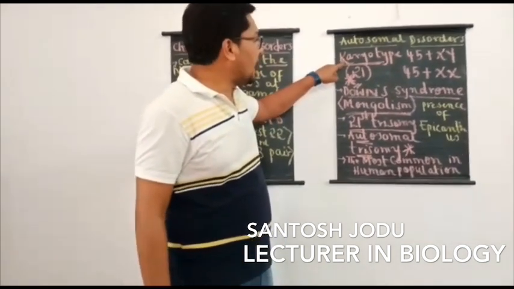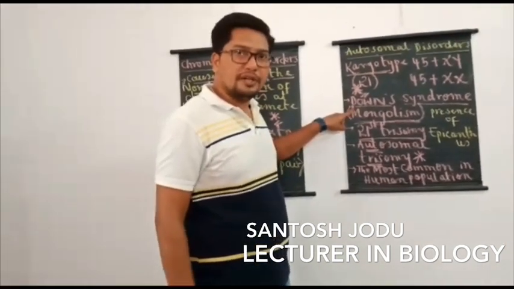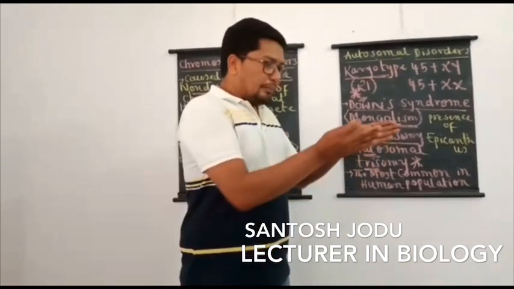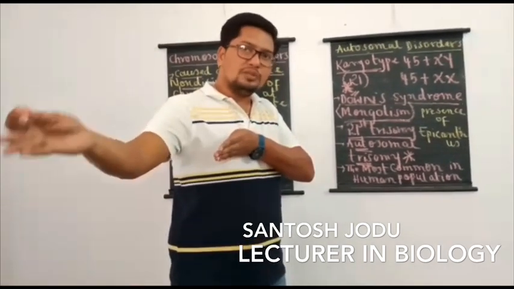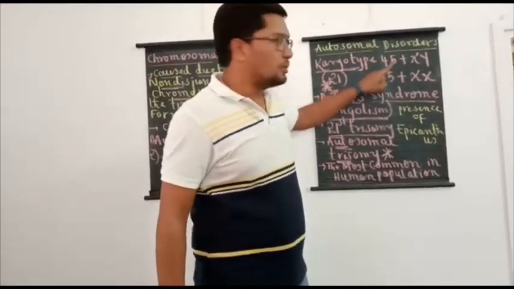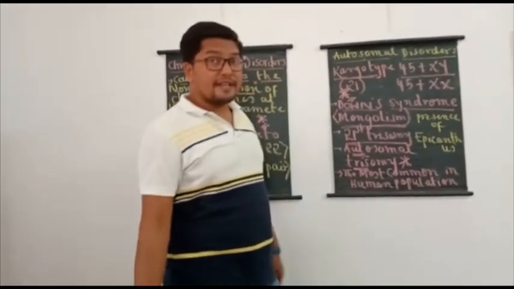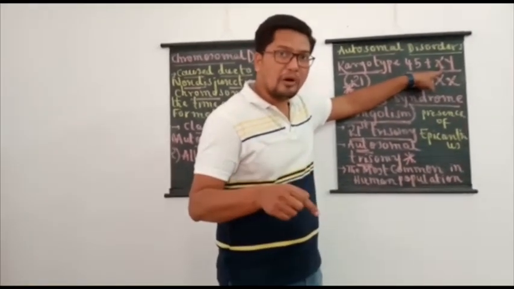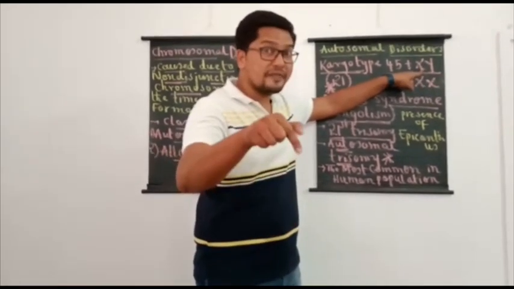And what is the karyotype of a person suffering from Down syndrome? Down syndrome being autosomal, a male baby may suffer from Down syndrome or a female baby may suffer from Down syndrome. When a male is suffering from Down syndrome, what is the karyotype? 45 plus XY. So 45 plus XY is the karyotype of a male baby suffering from Down syndrome. It is very clear.